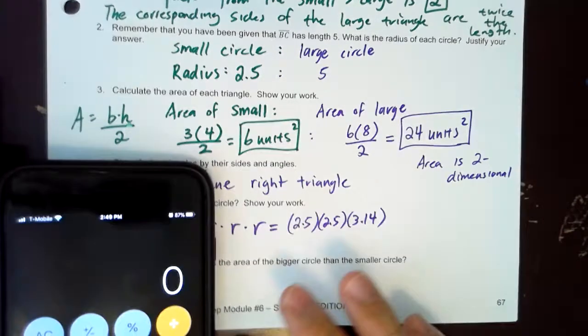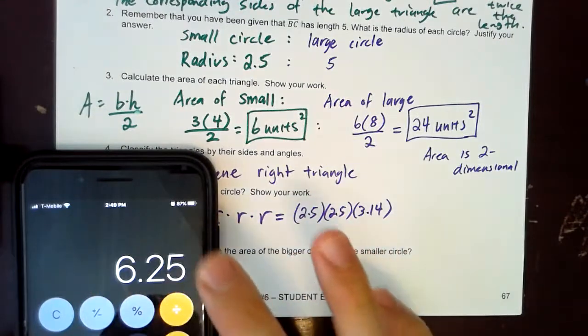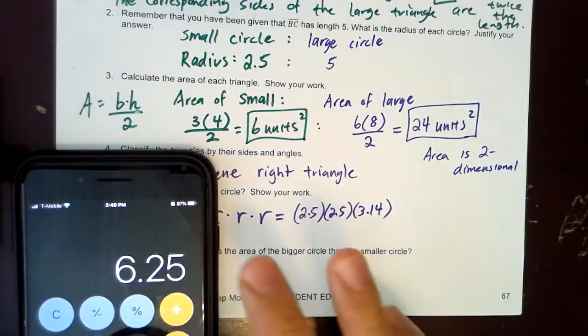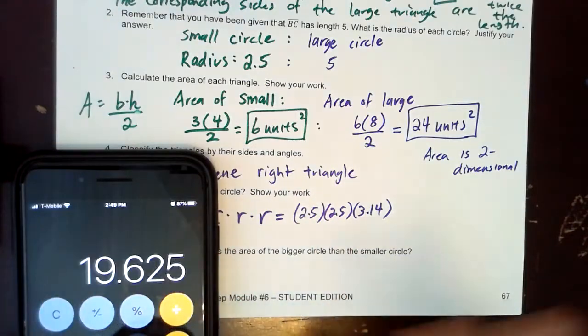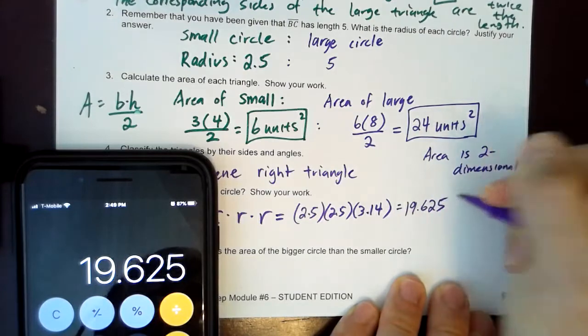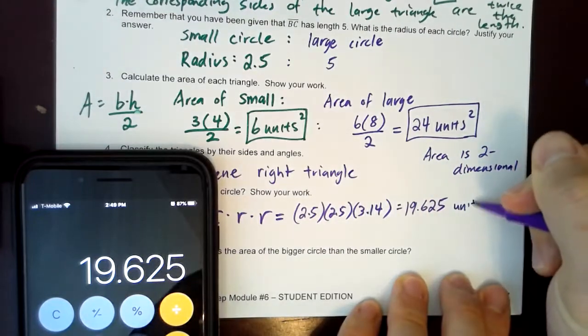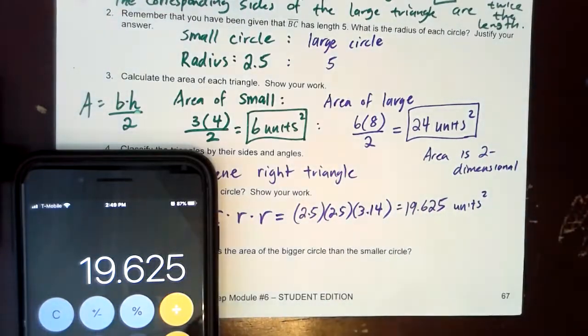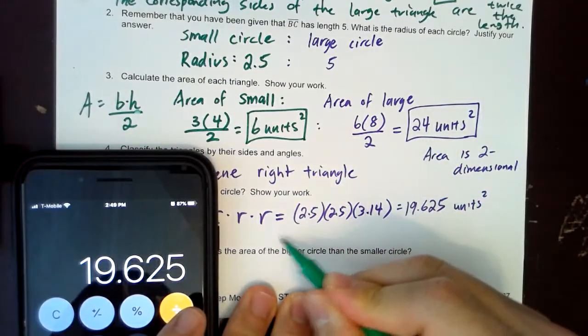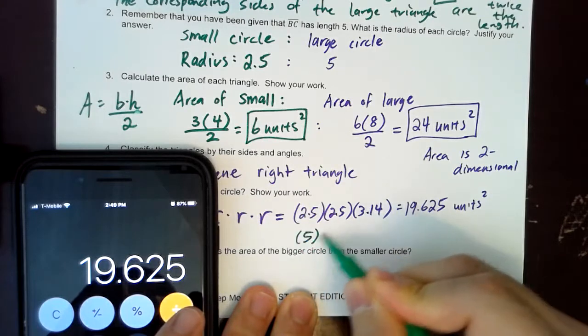2.5 times 2.5 is going to be 6.25 times 3.14. Oops, 6.25 times 3.14, and I'm getting 19.625 units squared. Remember, don't forget to write units squared. The larger circle has a radius that's double, right? So the radius this time for the large is going to be 5 times 5.